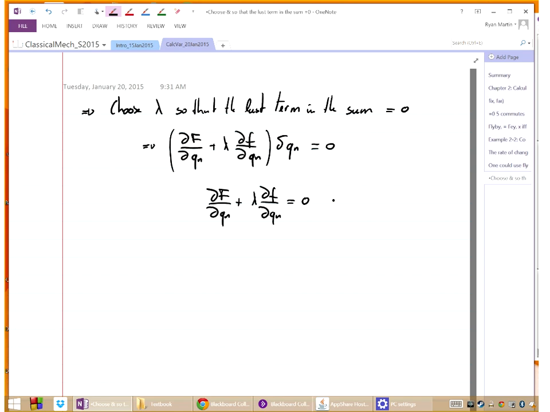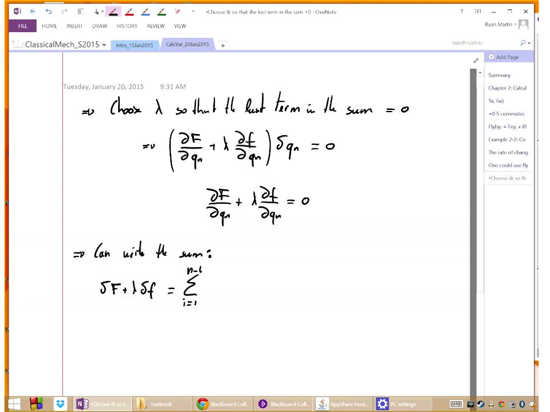And so we chose lambda specifically to make the last term equal to 0. So now we can write the sum, our linear combination. So that was delta F plus lambda delta f.